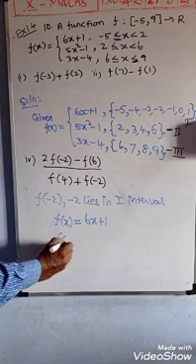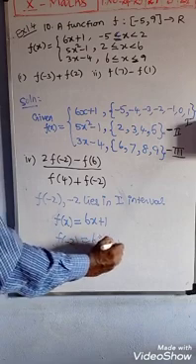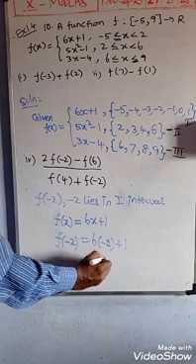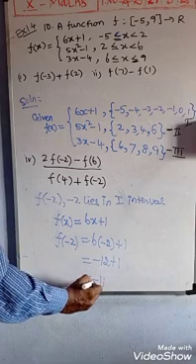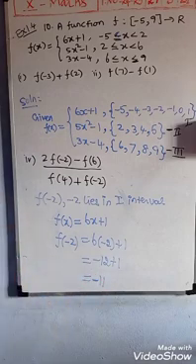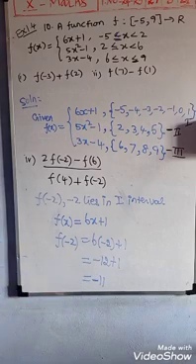Instead of x, minus 2, so 6 times minus 2 plus 1. 6 times 2 is minus 12, plus 1, so the answer is minus 11. So f of minus 2 is minus 11.